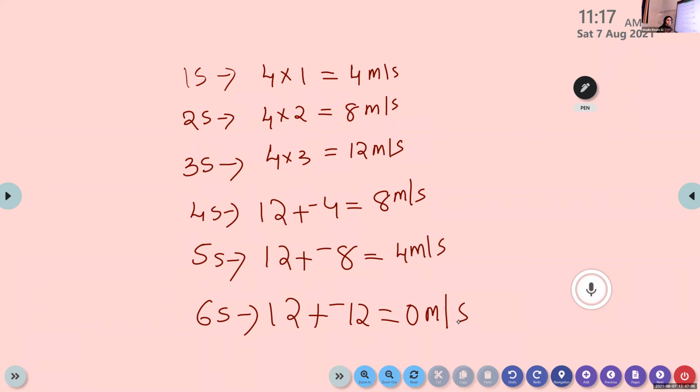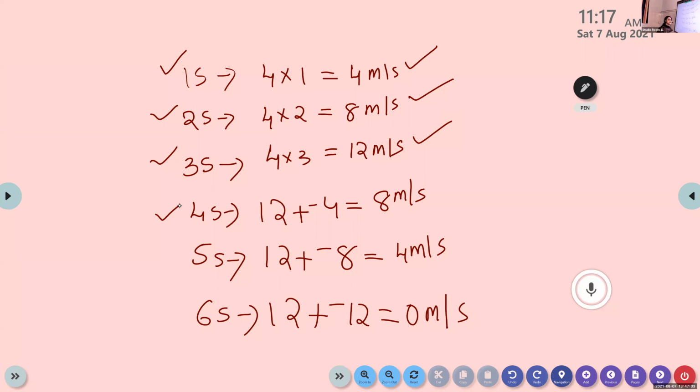So here we obtain the values of velocity corresponding to each second. If the time is 1 second, the velocity is 4 meter per second. If the time is 2 seconds, the velocity is 8 meter per second. At 3 seconds, it is 12 meter per second.